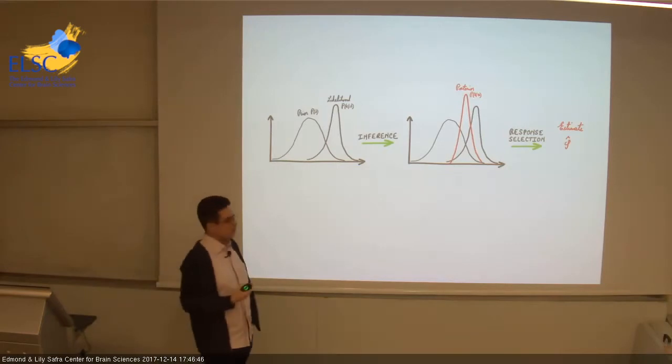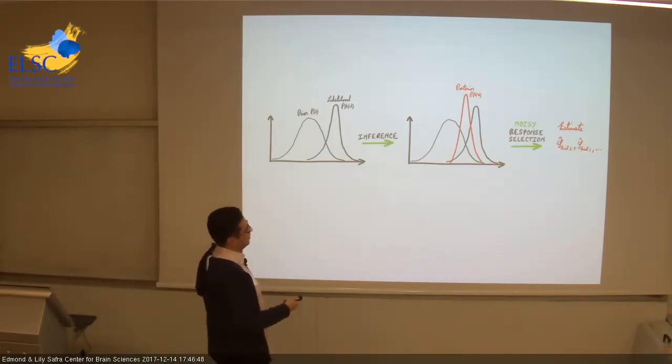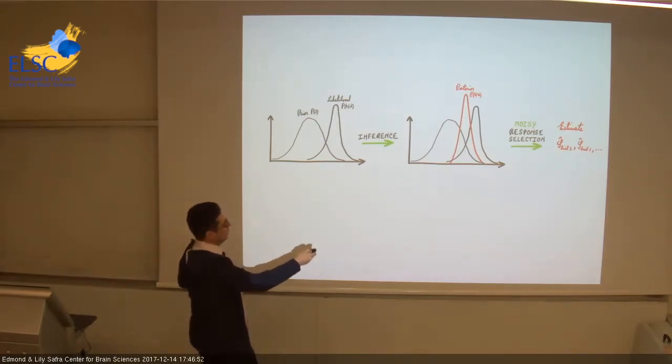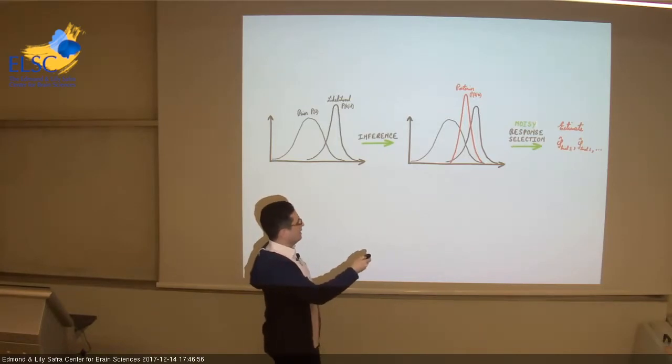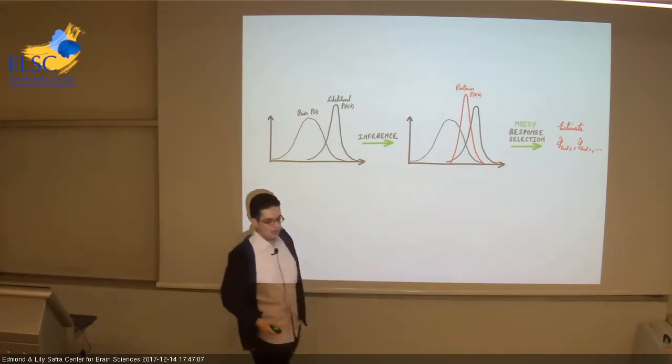Well, the most common assumption is to say that there is noise at the output. So even if you infer some posterior distribution, you will not maximize precisely, but you will instead do some other random procedure, for example sampling from this distribution, which would give you trial-to-trial variability.